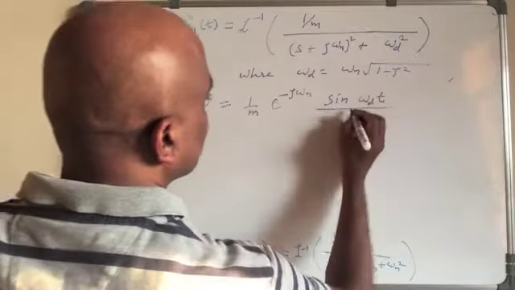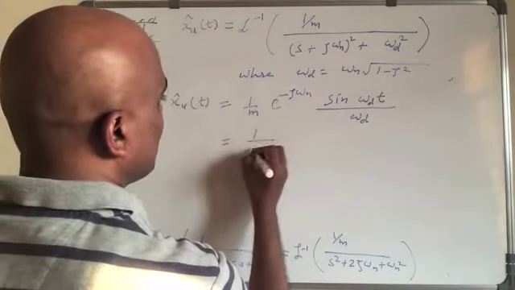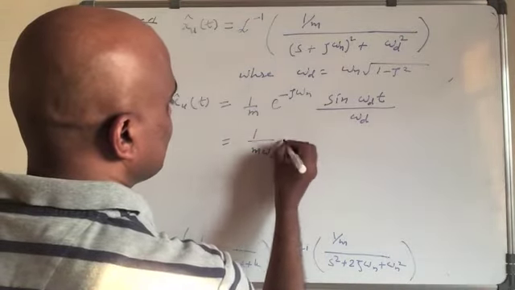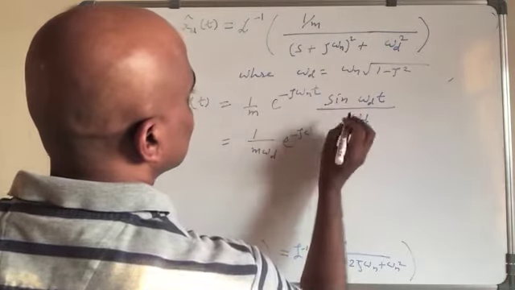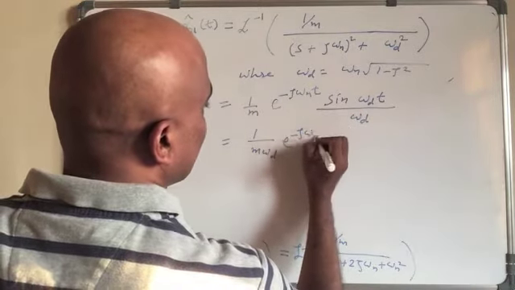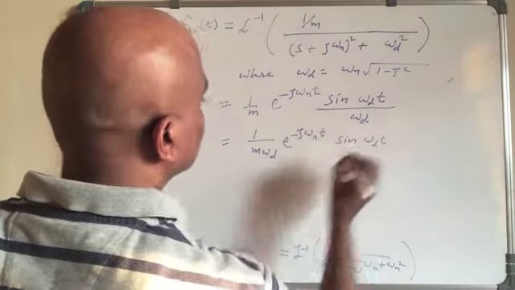So we get 1 over m omega d e to the power minus zeta omega n t, then sine omega d t.